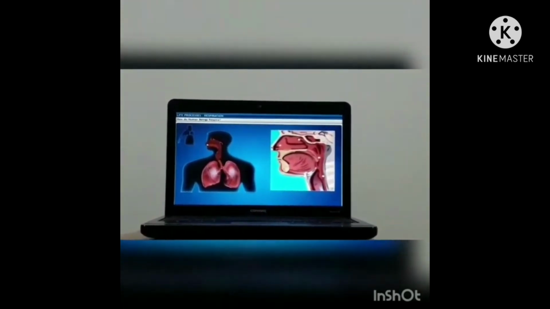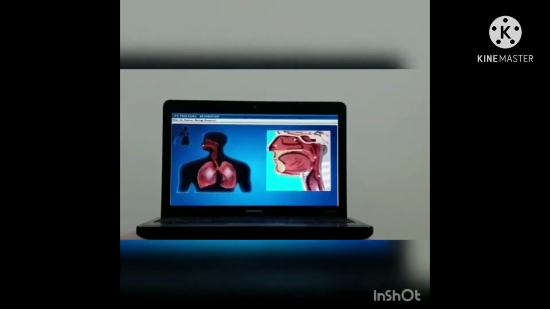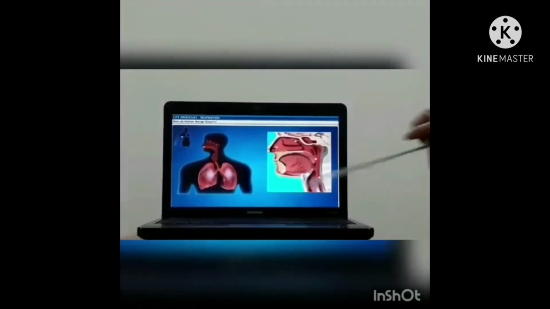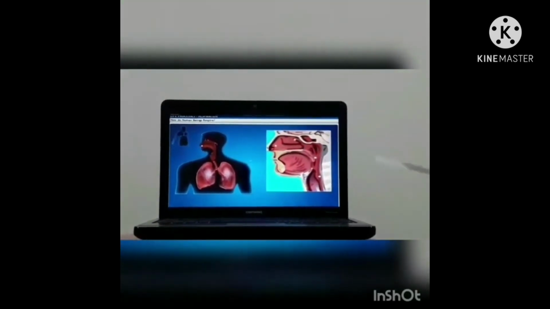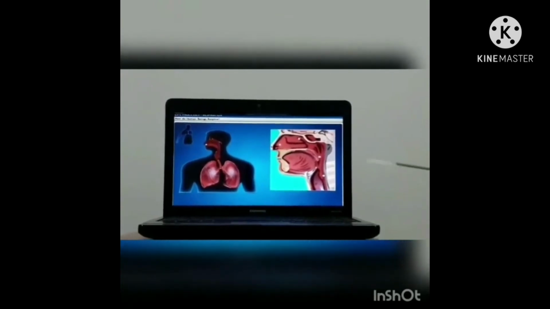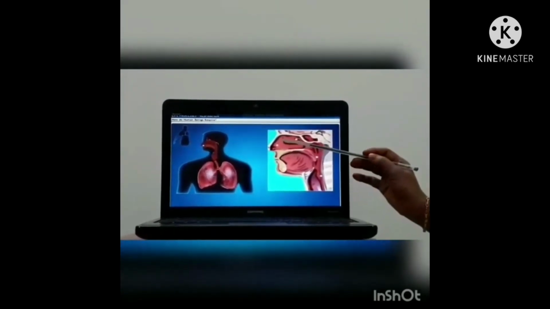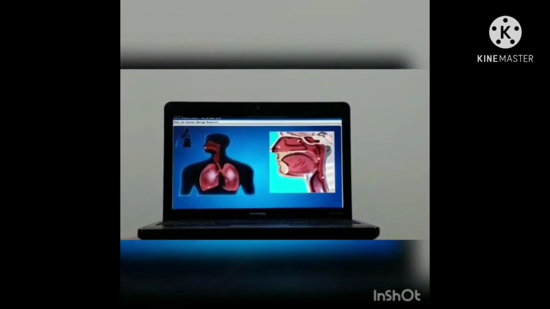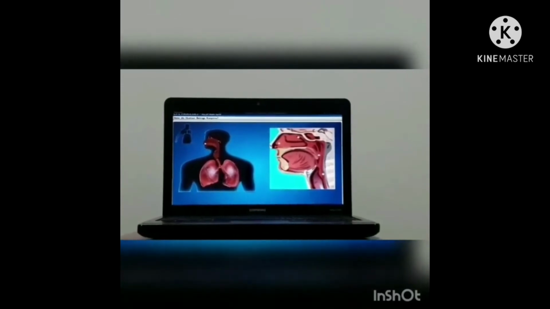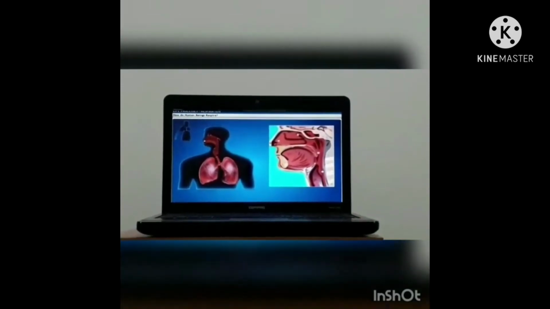The external nostrils lead to nasal cavities. The anterior part of the nasal cavity is lined by hairs, and in the posterior part the mucous membrane and ciliated epithelium are present. Nasal hair filters out dust particles and fibers.